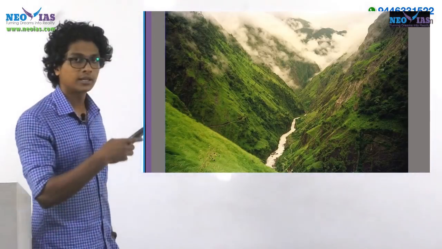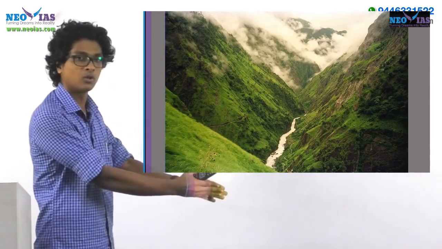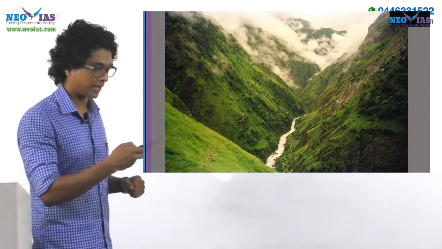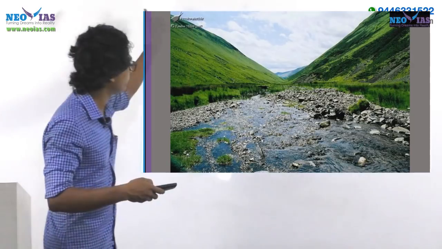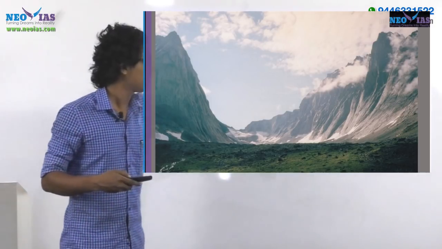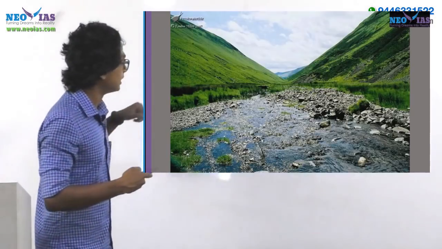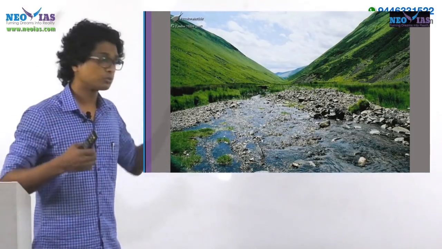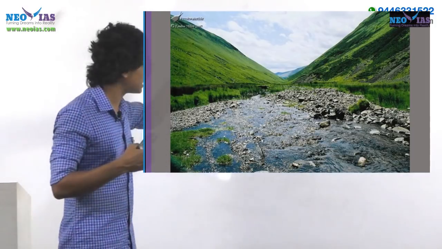And the river will be eroding towards downward regions and will be creating the V-shaped valleys, from its shape itself, right? As you can see here, it's V-shaped. Unlike this, the valleys created by the glacier are U-shaped, because the river will be creating this valley by eroding away smaller pieces, bit by bit, by sedimentation.